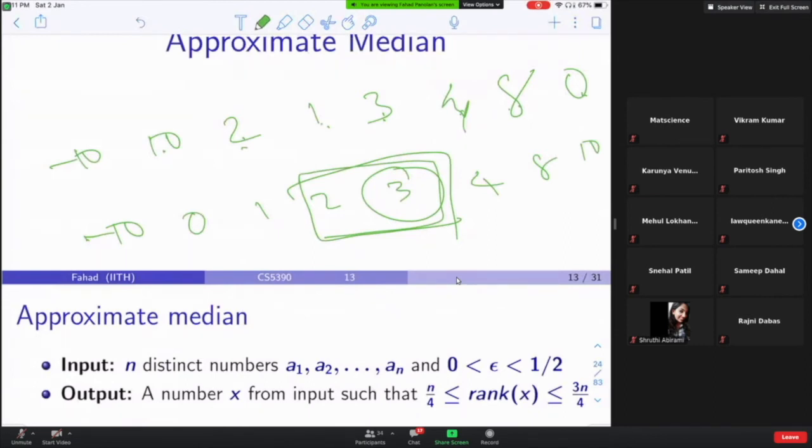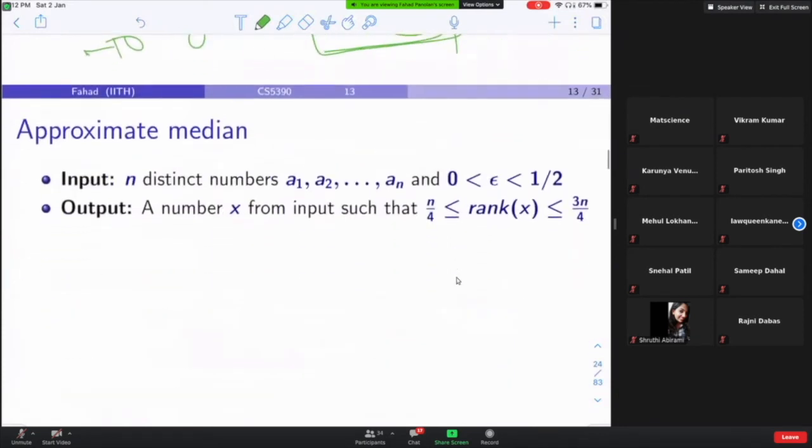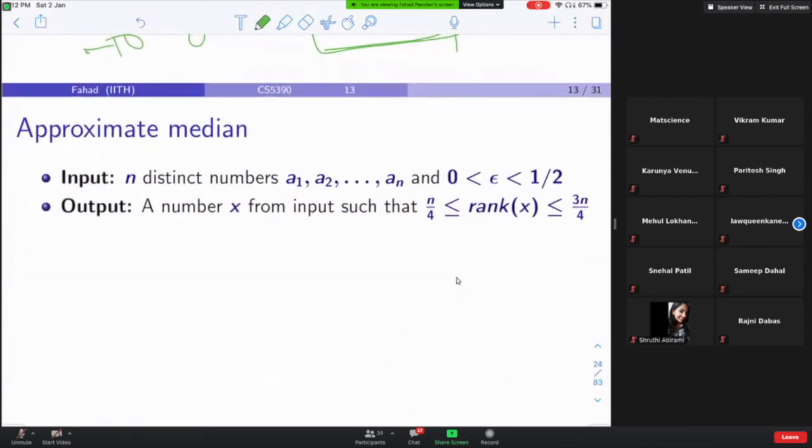So what is the rank? If you sort it, the ith element is called the rank i element. When you sort it, the element that comes in the ith location is called the rank i element. So essentially the median finding problem says: compute the element whose rank is n by 2.